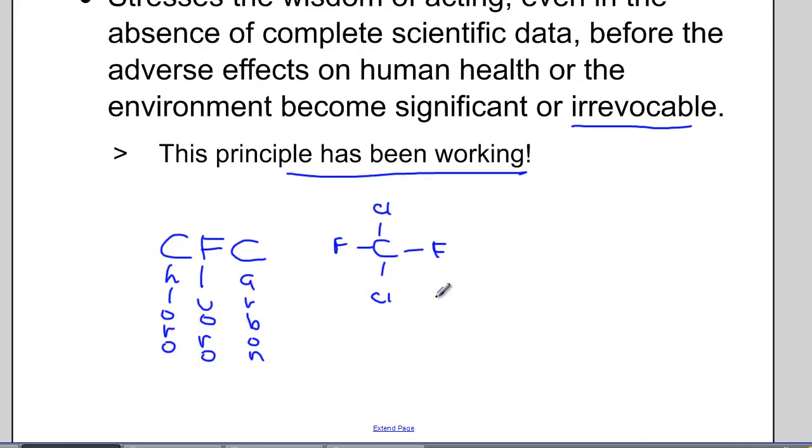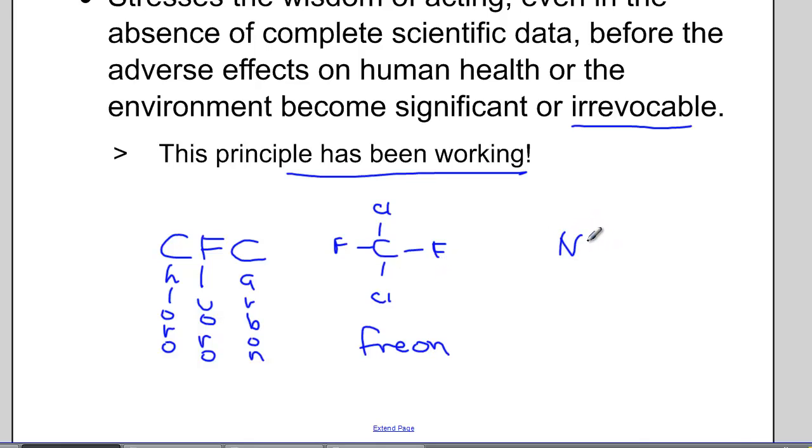This is a very well-known pollutant. Perhaps you've heard of a refrigerant known as Freon. We used to use Freon in automobile refrigerating systems or air conditioning systems, and this, of course, once it's released into the ozone, would damage it.